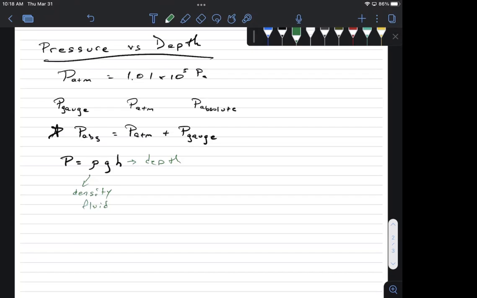The atmosphere is pushing on you. So you should at least be at atmospheric pressure. So that tells you this equation does not take into account atmospheric pressure. So this is an equation about gauge pressure, the extra pressure an object feels because it's underwater, basically.